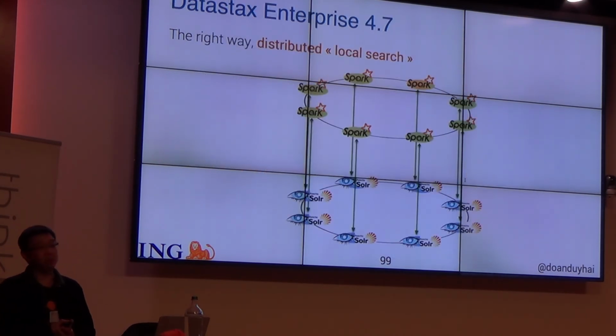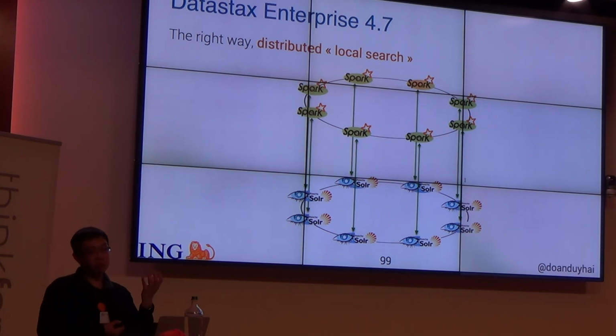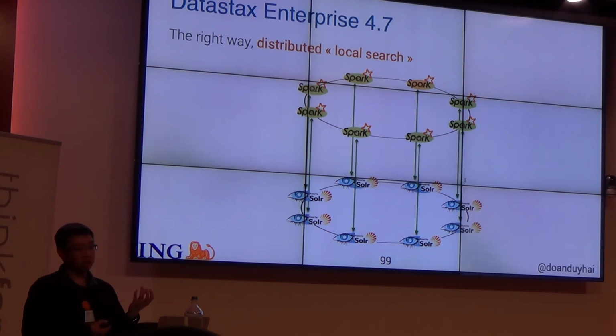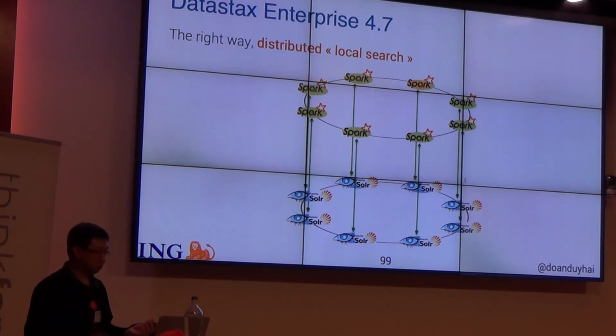Here we see the advantage of having same JVM integration: you don't have data going around on the network, and the search is done locally. There is no need to find out and ask every node, hey, where is my data?